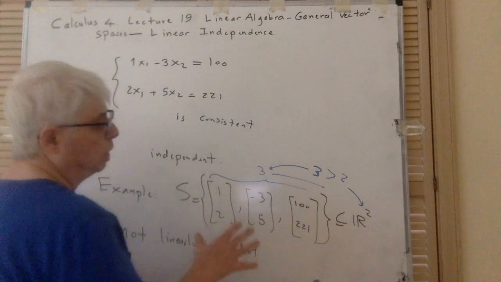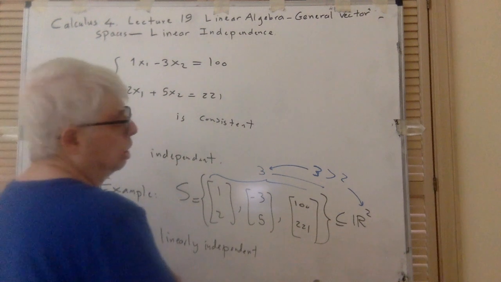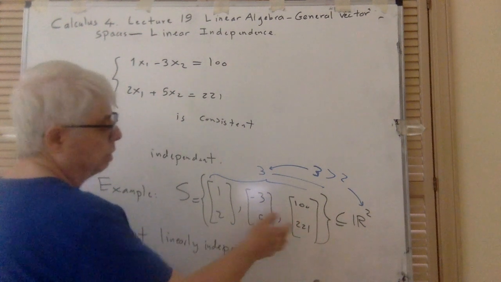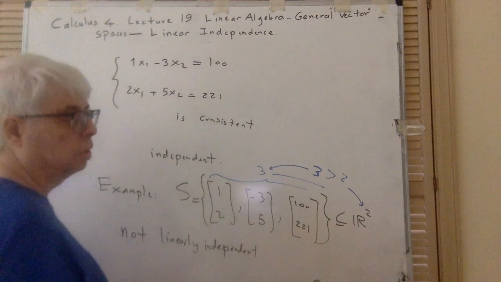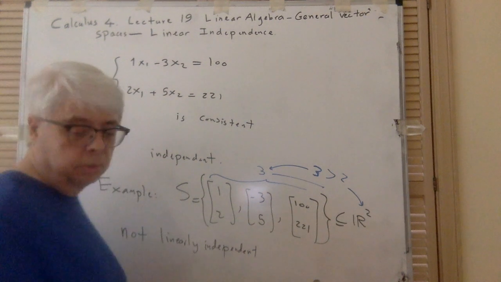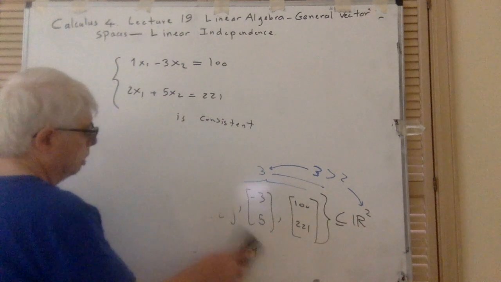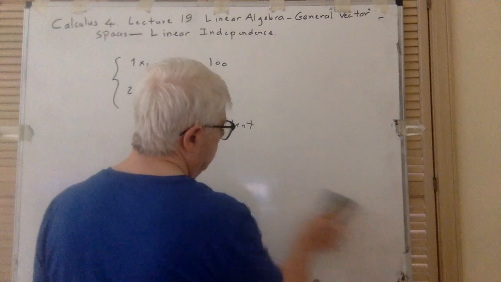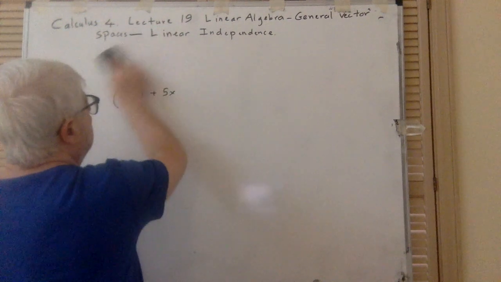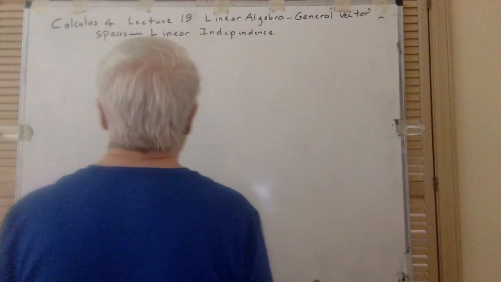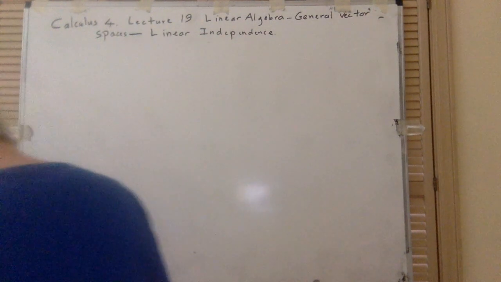So if I can find a subset which is linearly independent, then like in this case, I can write this one as a linear combination of vectors in the other one. So yeah, that makes sense. So this is true for any situation, even if one of them is a multiple.